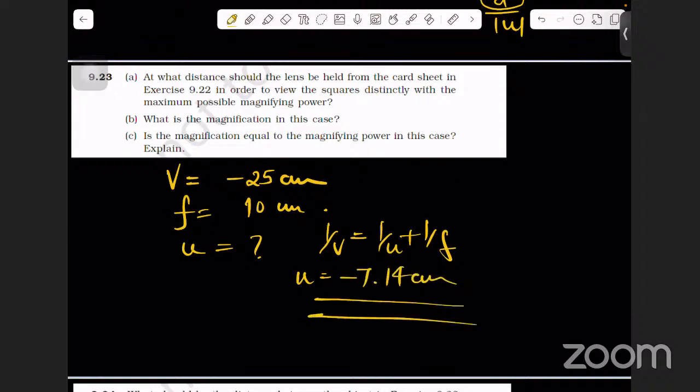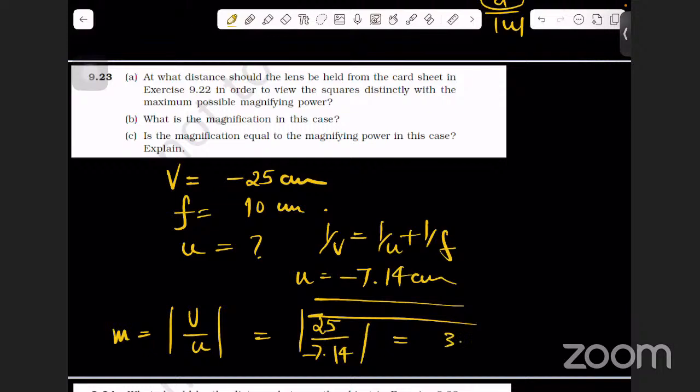So the object should be placed at minus 7.14 centimeters away. Now let's calculate the magnification over here. Mod v by u, which is 25 divided by 7.14, which is 3.5.